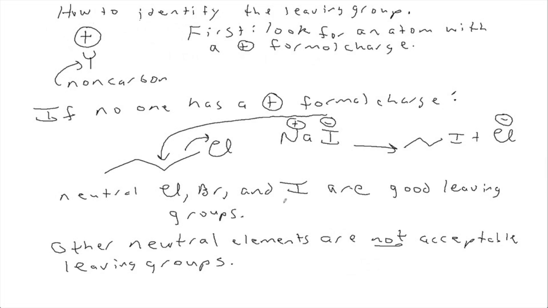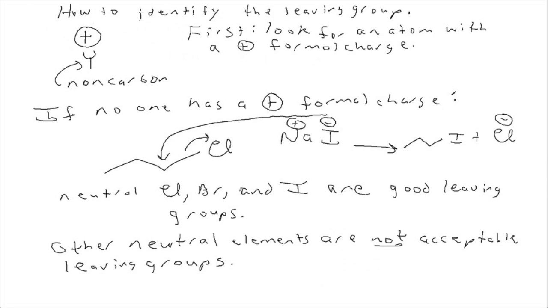Well, do you remember we said what's the most important factor that makes these good leaving groups? They're big. So you should be able to use that to figure out who's the best leaving group. Okay. It would be iodine. That's right. In fact, remember, why is fluoride not a good leaving group? Because it's small. That's right. So that was an excellent question, but we have the tools to figure that out.